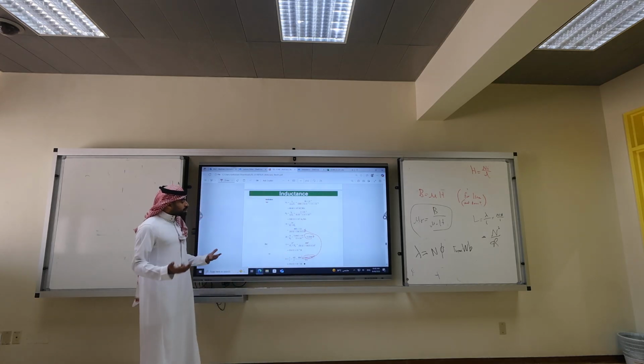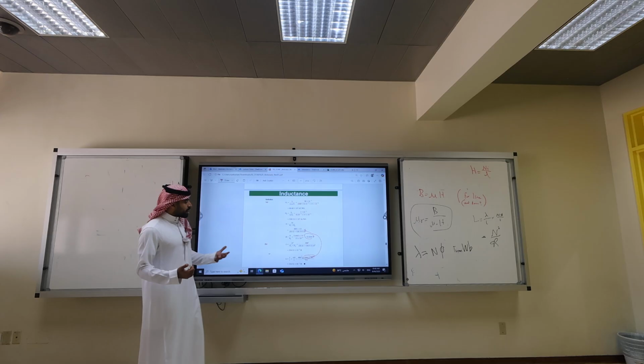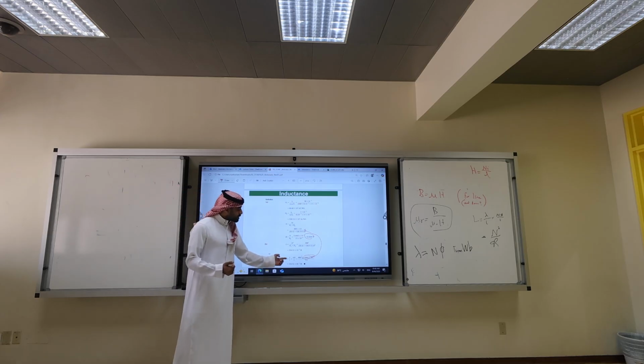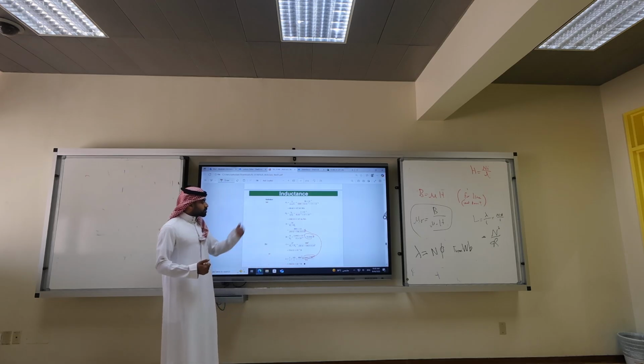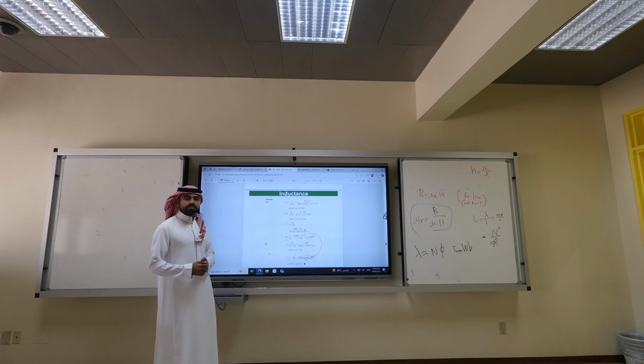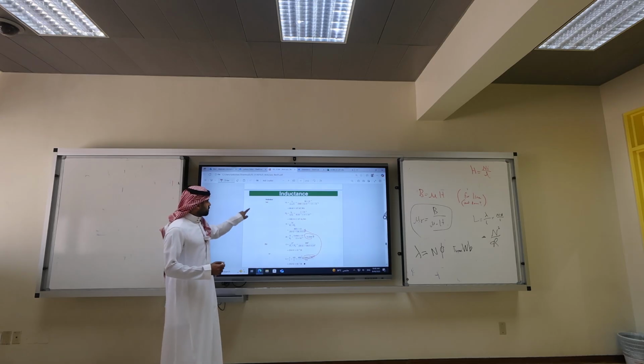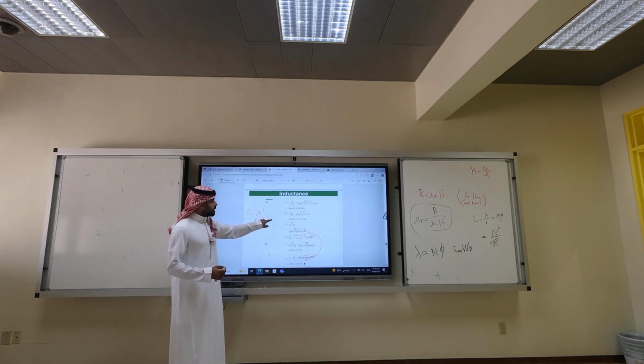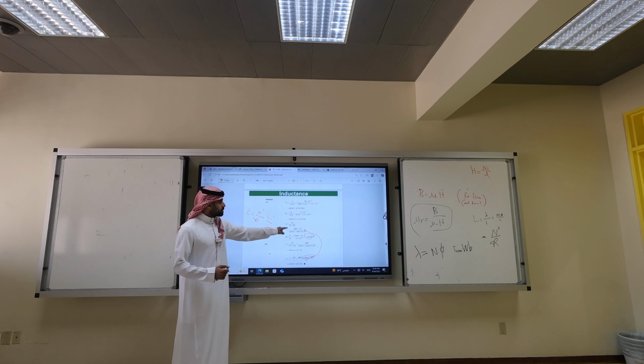Now, the only thing in this problem is he asks, what is L? L is what? N times flux over I. Can you try L equal N square over reluctance? Where L equals N square over total reluctance. What is N square? 400 squared. What is reluctance?